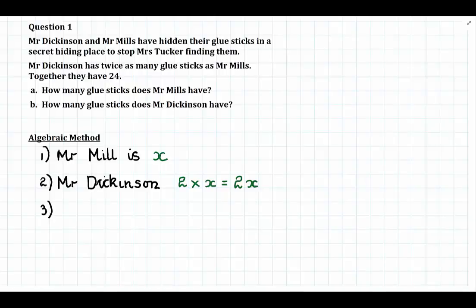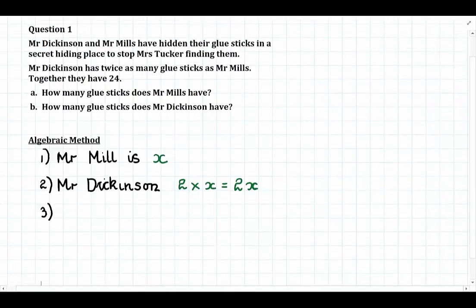We know that we've got to add Mr. Mills and Mr. Dickinson together, and together they have 24 glue sticks. So Mr. Mills is x, and we've got to add Mr. Dickinson, which is 2x, and together they equal 24 glue sticks.